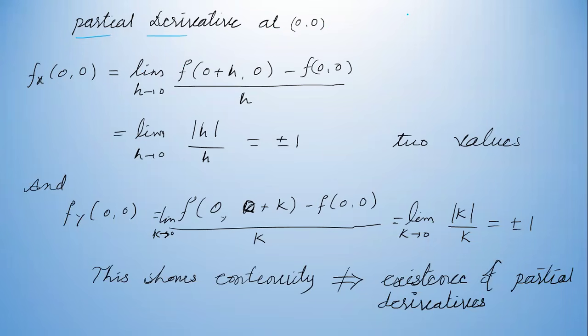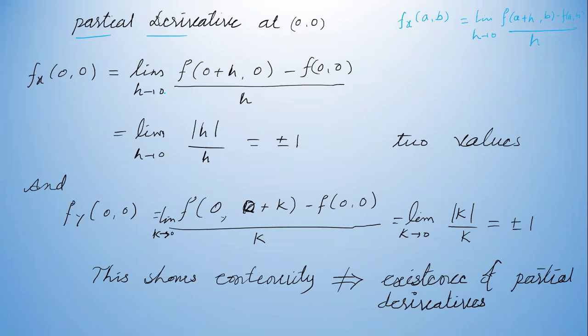The definition is limit h tends to 0 of f of a plus h comma b minus f of a comma b, divided by h.